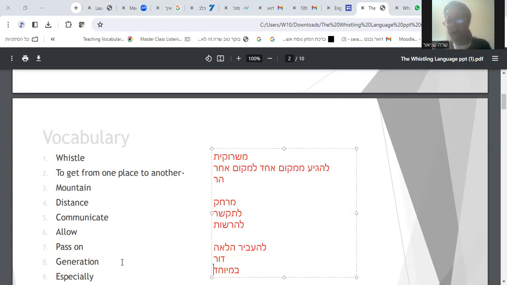And then we have adverbs. Adverbs are תואר הפועל. They describe the verb.